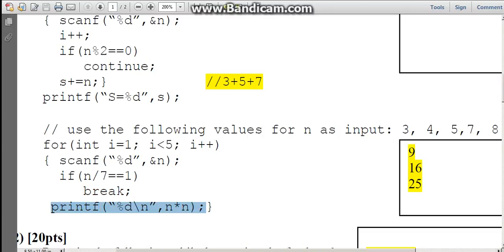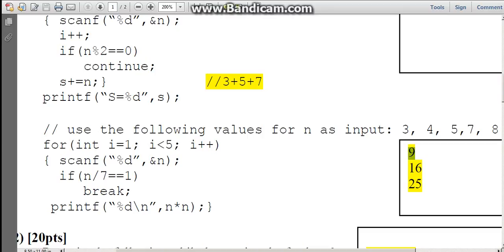Alright, first of all, let's see 3 divided by 7, is that equal to 1? Of course no, unless you are bad at mathematics. So just print this one. Alright, so it's gonna be 3 multiplied by 3, the result is gonna be 9.